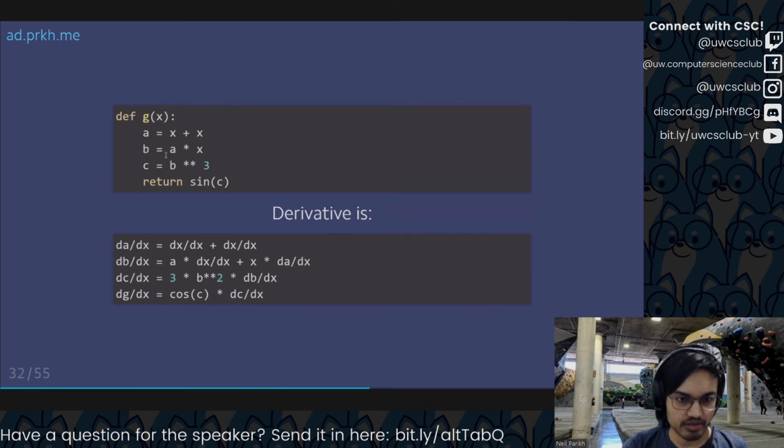And we can, because dB dx just requires a, dx dx, and dA dx, and we'll already have that because when we calculated a, we already did dA dx. Same thing with c. When we're calculating c, let's also calculate dc dx. dc dx requires b and dB dx, and we've done that already in the previous step. And so on. You can imagine this line being run at the same time as a, and this line being run at the same time as b, and so on.